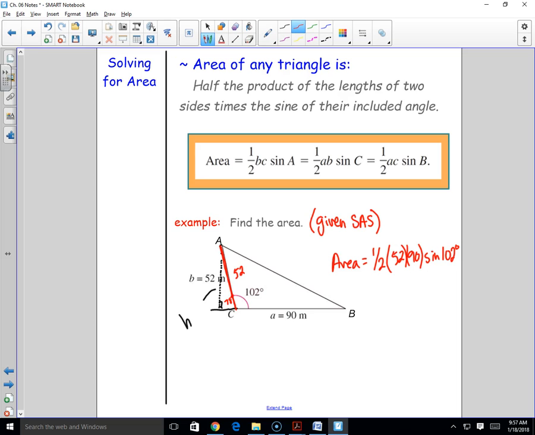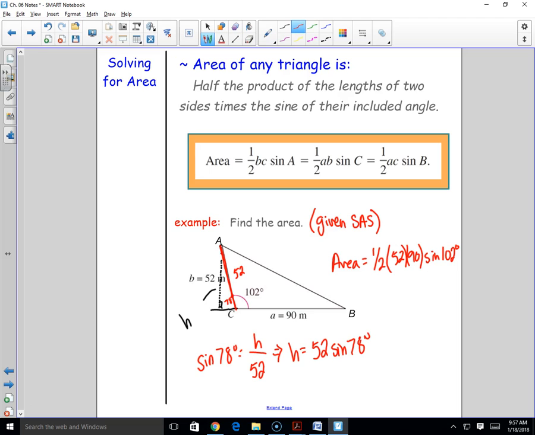What would it be? Sine! Nice, because sine takes opposite over hypotenuse. So then h is equal to 52 sine of 78.